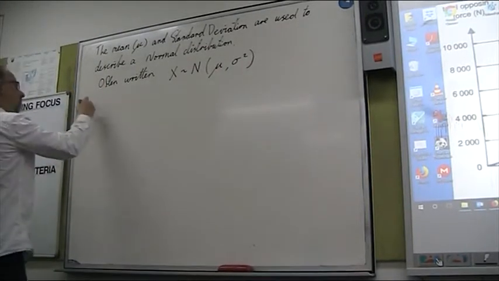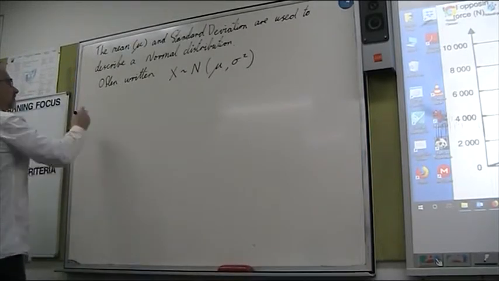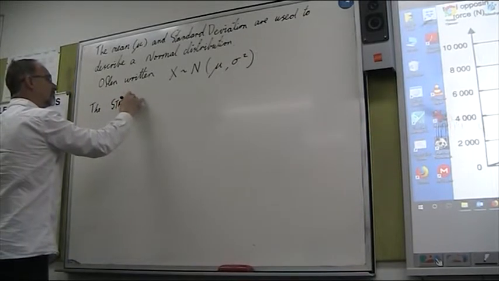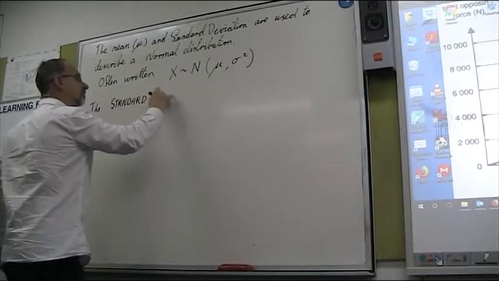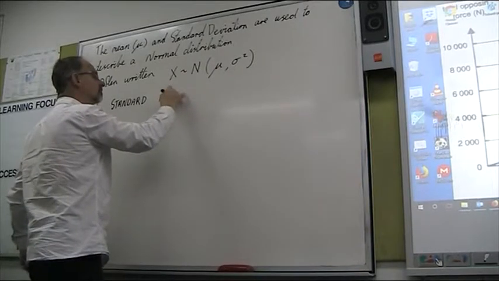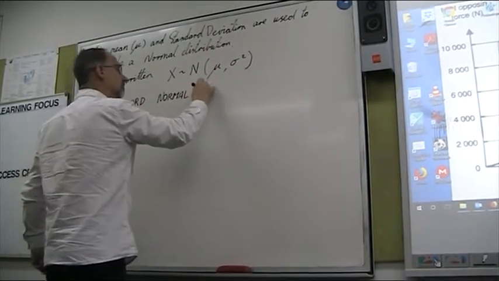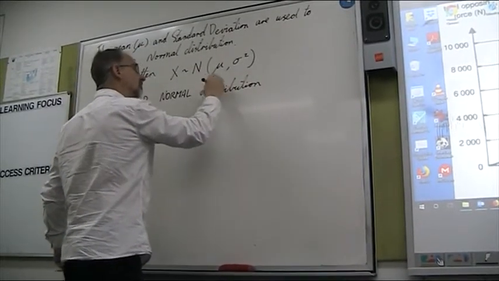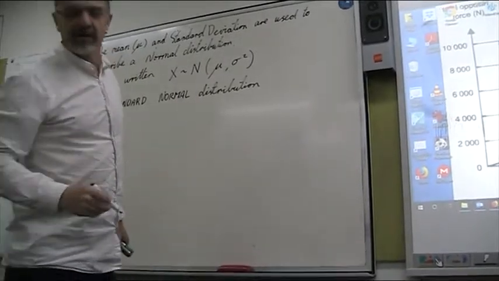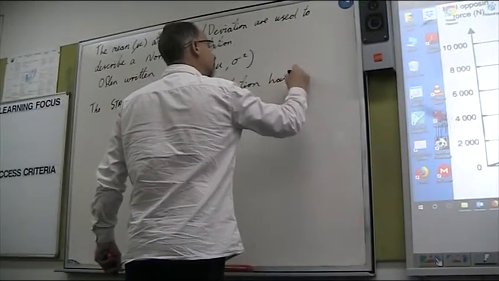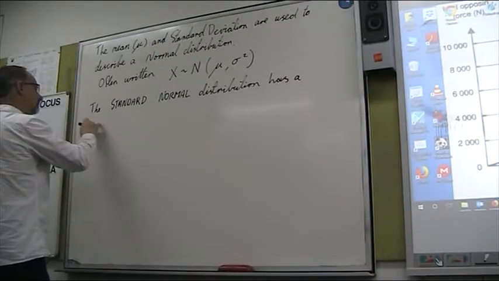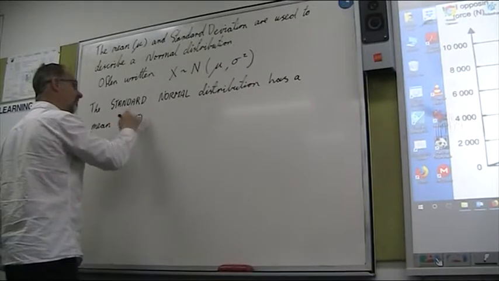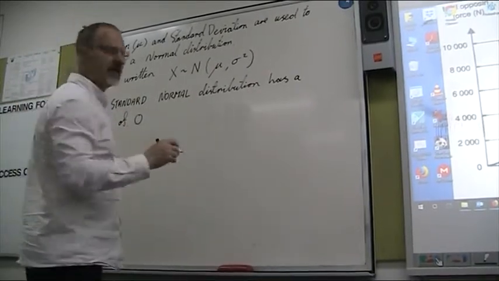So the standard normal has a mean of 0, I should say, not 1, mean of 0, standard deviation of 1.